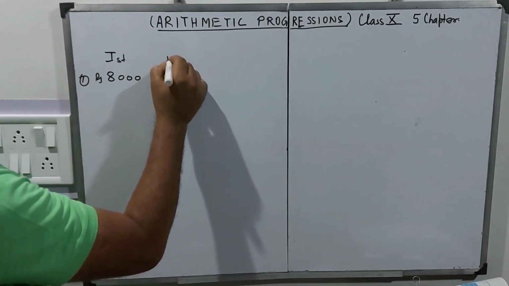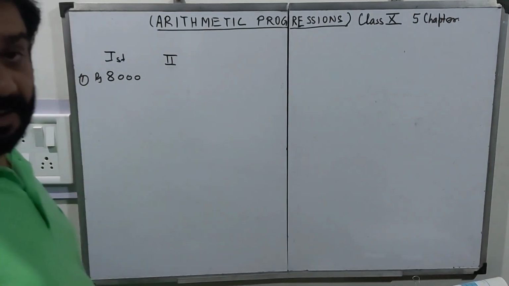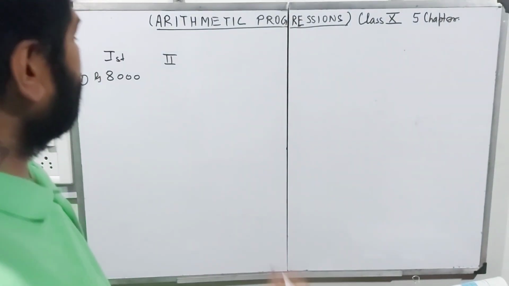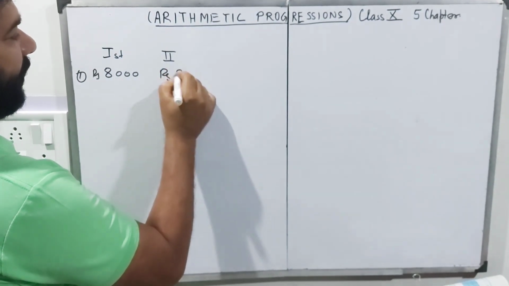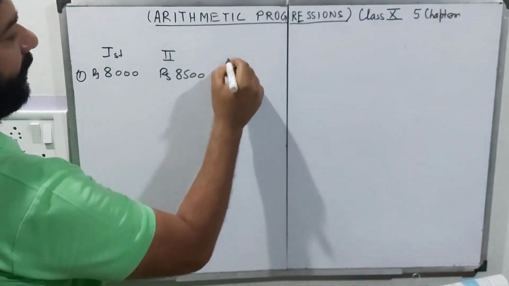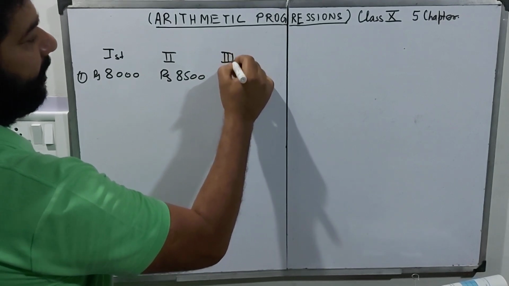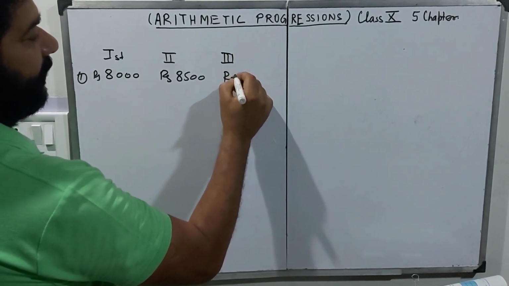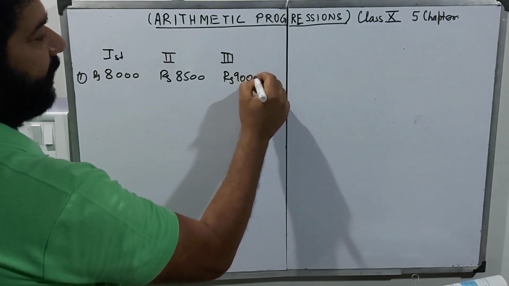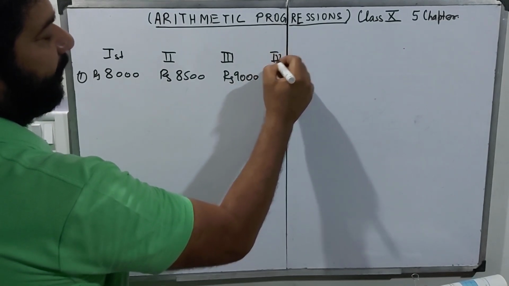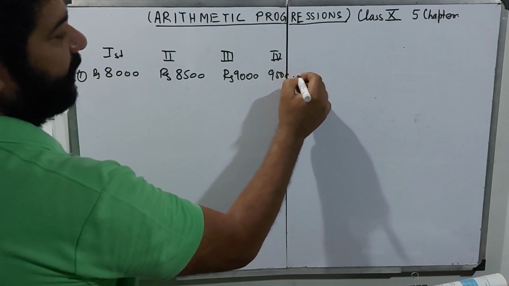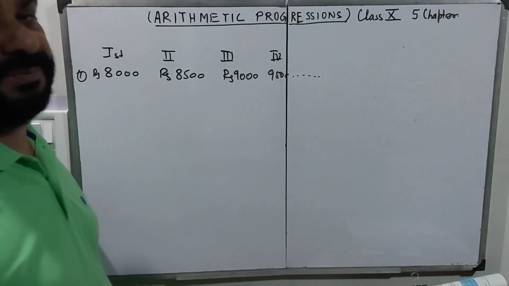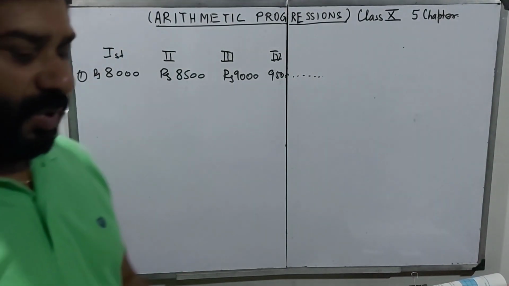In the second year, because she gets a 500 rupees increment, her salary will become 8,500 rupees. In the third year she got 9,000 rupees, in the fourth year she got 9,500 rupees, and so on in the successive years.